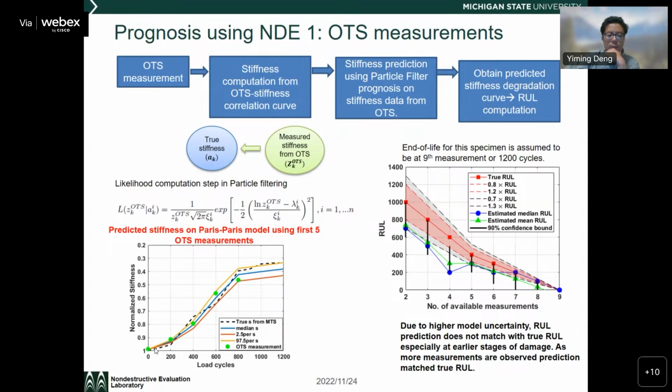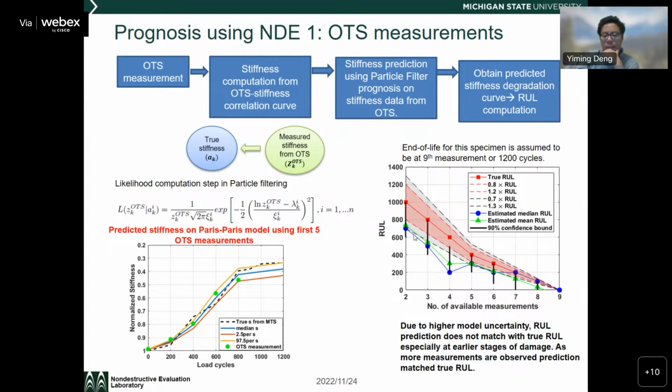So you can see when we have OTS measurement, we can predict the future stiffness based on previous values. And if you look at this in terms of the remaining useful life, the true remaining useful life is given. We know the ground truth from MTS measurement. Then we have the estimated median RUL and mean RUL over time.